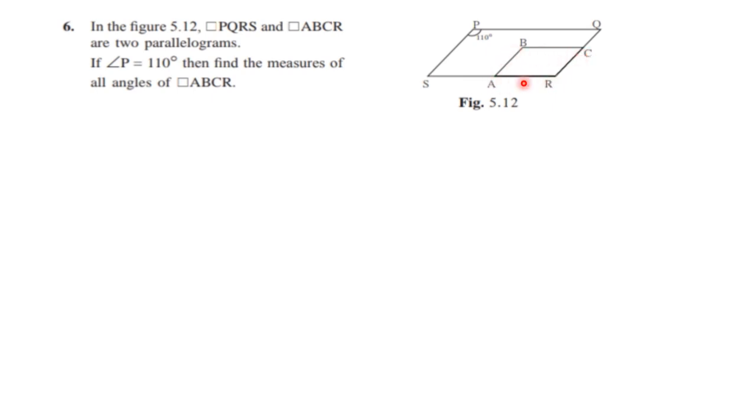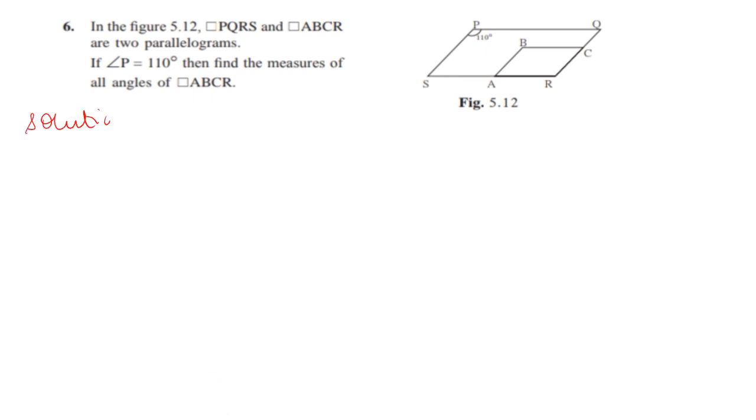ARC and BAR are adjacent to each other. So adjacent angles of the parallelogram are supplementary. So 110 plus your BAR is equal to 180 degree. So you will find out the BAR as well. So when you find out BAR, automatically you will find out BCR, because again opposite angles of a parallelogram. Okay, let's solve it, then you will understand it better.